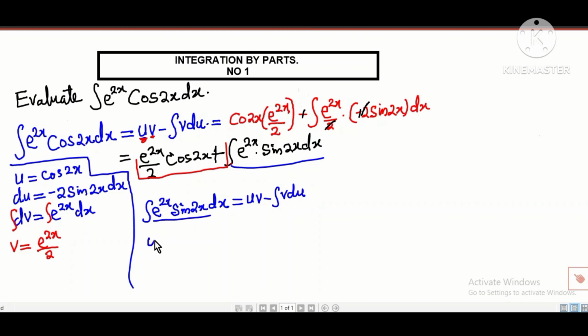So my u, remember, I'm still going to follow LIATE. My u is going to be a trig function, which is sine 2x. Then if I differentiate u with respect to x, I'm going to have 2 cos 2x, then multiply by dx. I am sure somebody may be wondering what I am doing and how I am getting this integral.